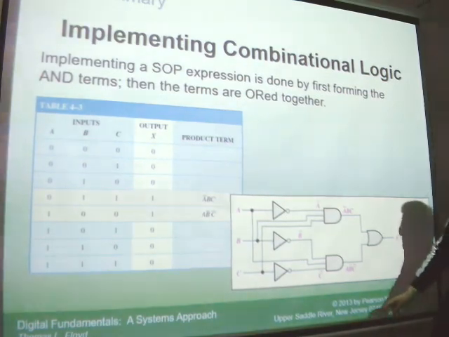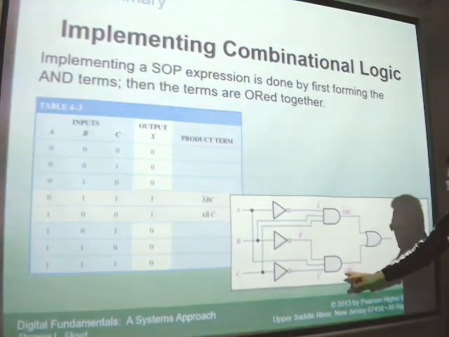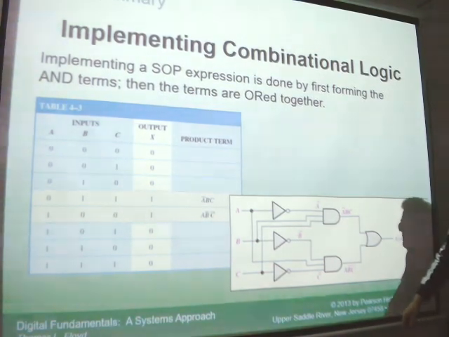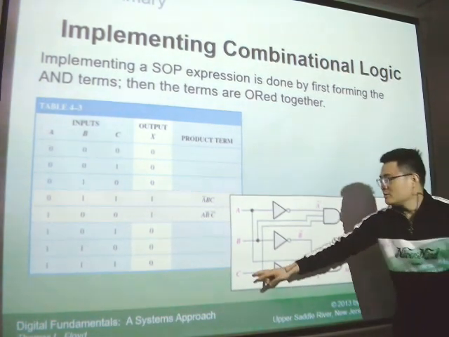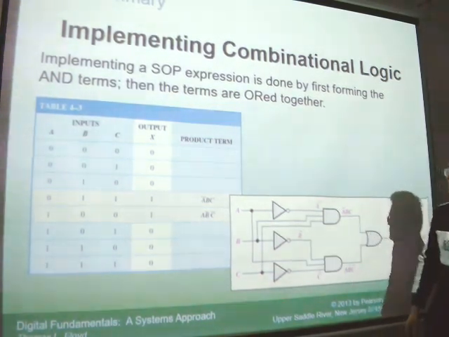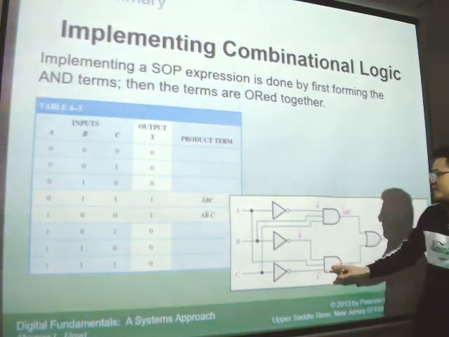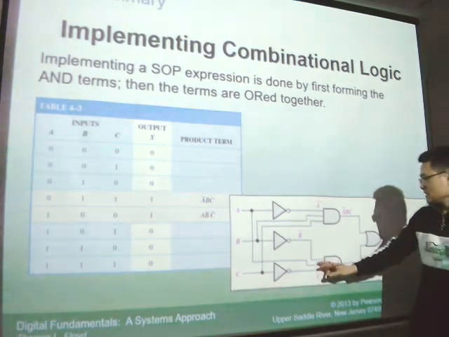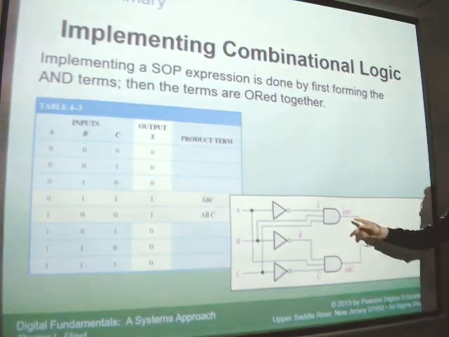For the second term, A B bar C bar, so B and C must be inverted by inverters.